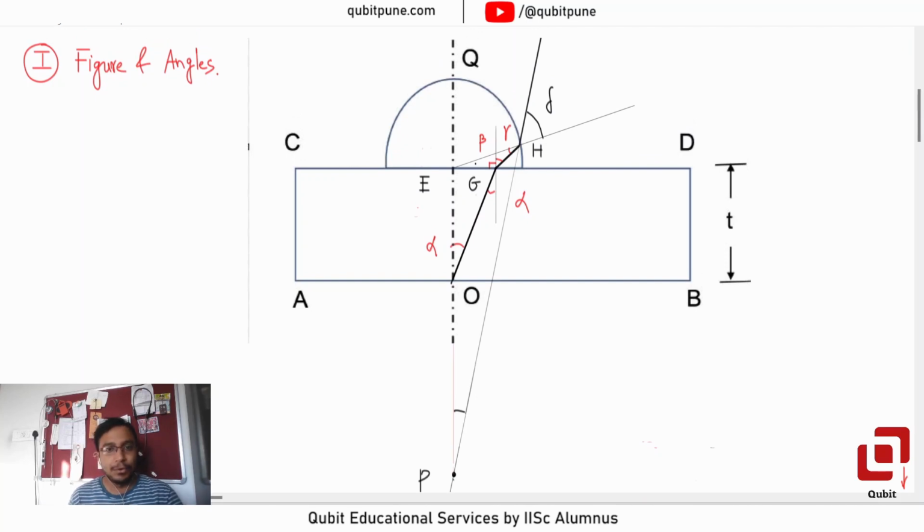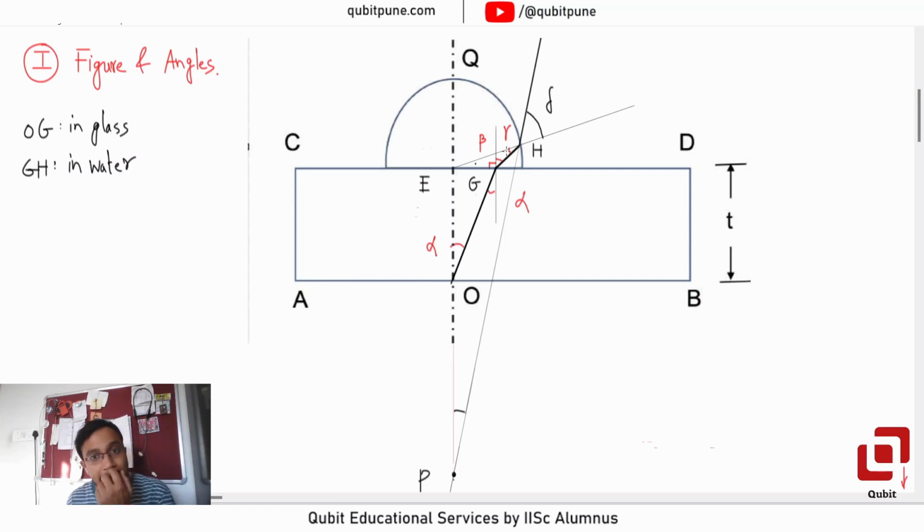Look, O is our object. OG is our first ray. This ray will undergo refraction at the water glass interface and we will get the ray GH. This ray GH will be in water, and this is in glass.